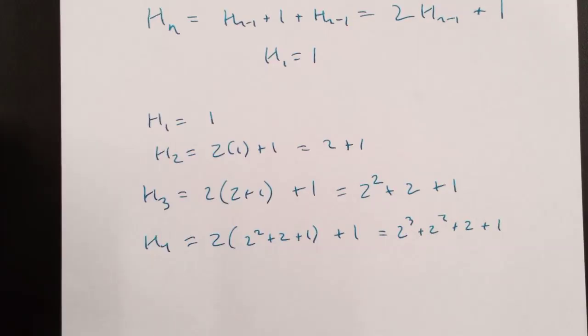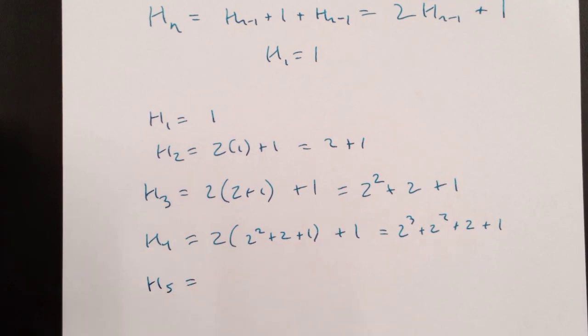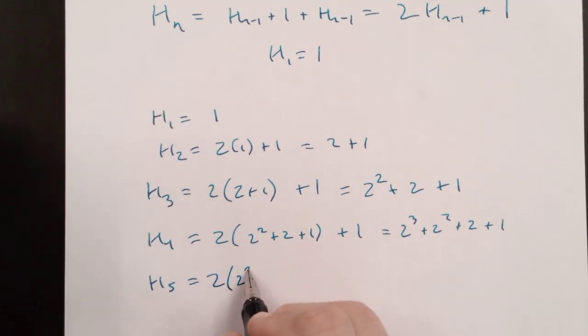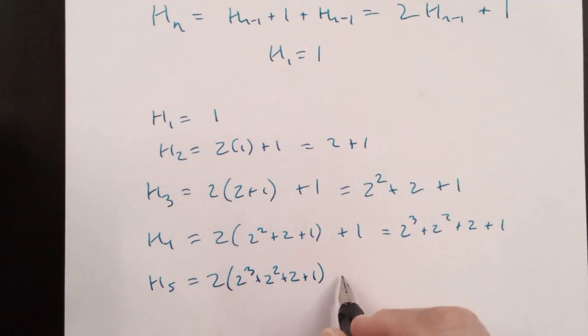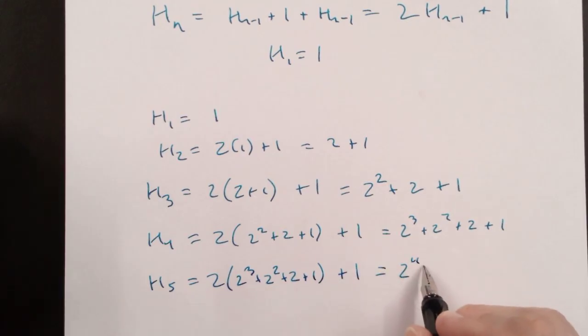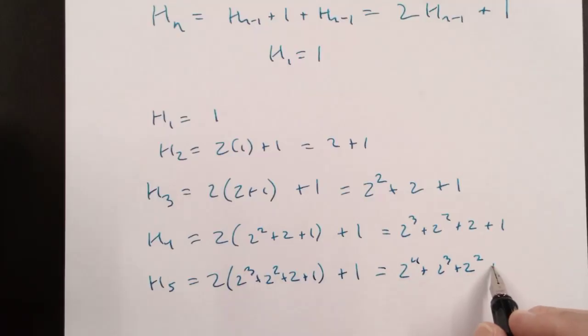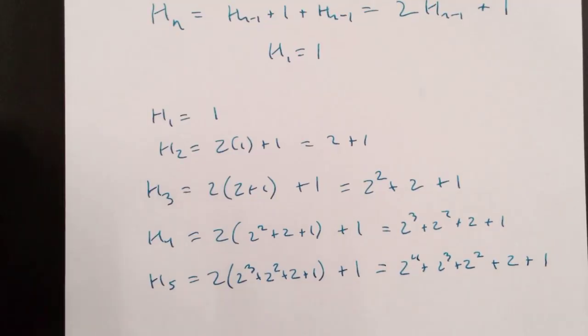What's H5? The 2 cubed plus 2 squared plus 2 plus 1, 2 times that as well. Which is 2 to the fourth plus 2 cubed plus 2 squared plus 2 plus 1. 16 and 8 and 4 and 2 and 1. 31.